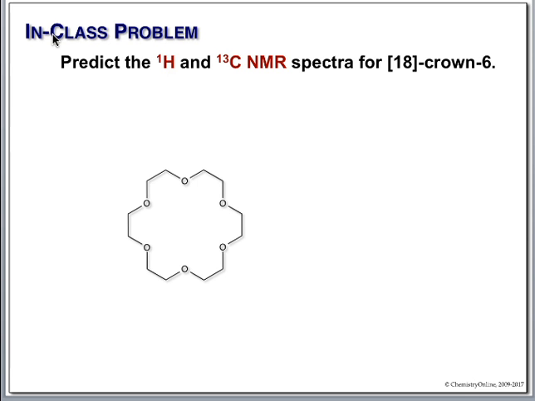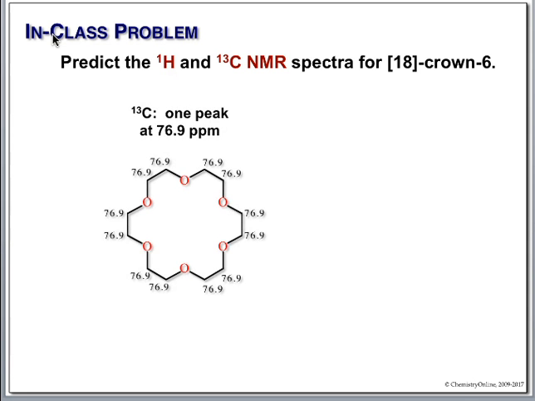But how about the proton NMR? We've already decided there's only one type of carbon, right? There's a CH2 next to a CH2. Is it split into triplets? C13 looks like this. All of these are exactly the same. We get one peak, one type of carbon in the C13.